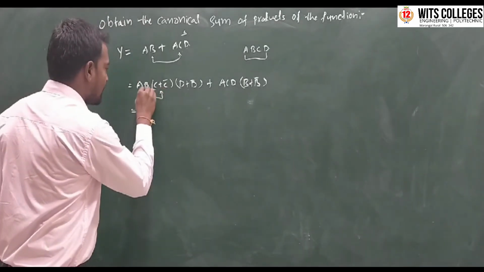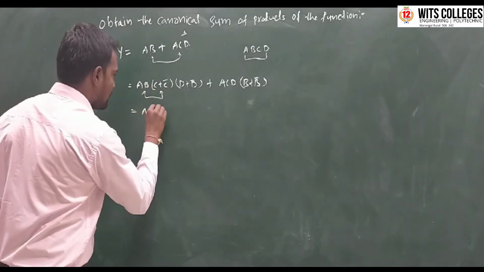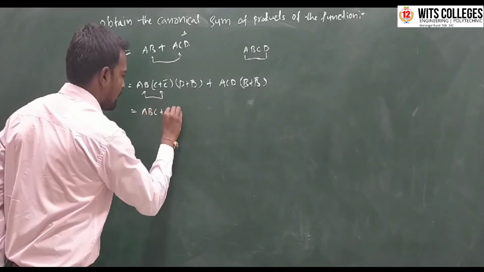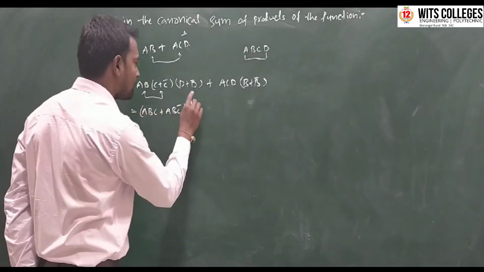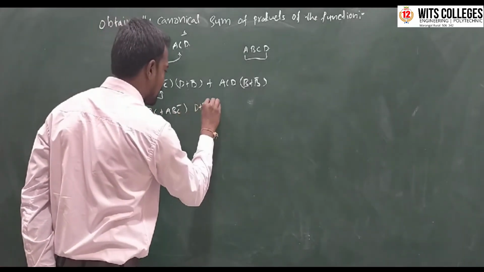Multiplying this term, we will get A B C plus A B into C bar, and again this should be multiplied with D plus D bar.